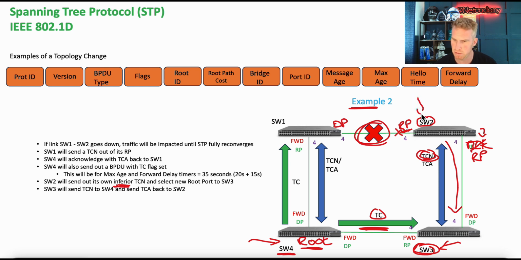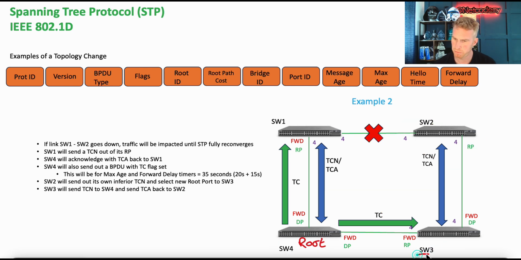It can see that SW2's priority is higher, and that SW2's MAC address is higher, and thus it is not as preferred. That's what is meant by inferior. So really, the messages coming from the root bridge are still superior compared to SW2, and SW3 knows that SW2 is inferior.